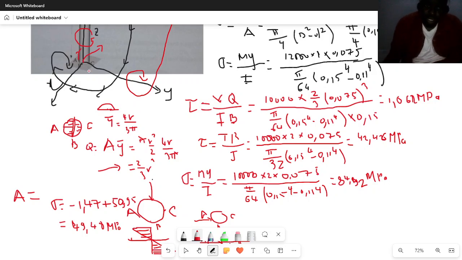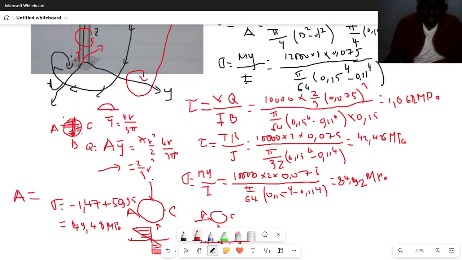I don't know if you see what I'm doing, but this is what I've explained here. The force is acting here, so A and C can feel the effect of the shear, but B cannot, because B is on the neutral axis. The neutral axis is the axis at which the force is operating.